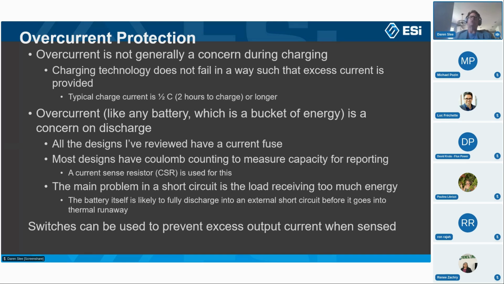That is the amount of charge current you're going to get, except that the rail of the charger will limit that current during your constant current phase of charging.